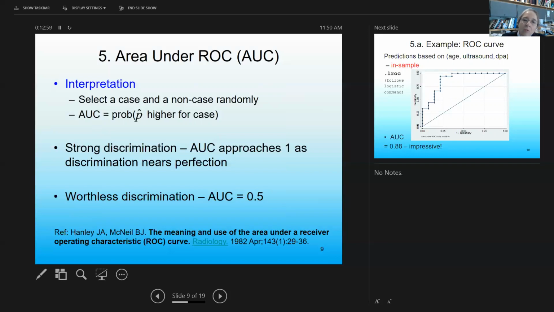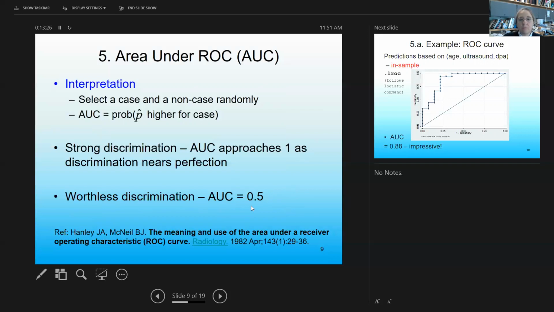So if you think about what we said on the previous slide about interpreting ROC curves, then strong discrimination corresponds to an area under the curve that approaches 1. That's for the square or rectangular looking curve. Worthless discrimination, where the curve just follows the diagonal, correspondingly has area under the curve of 0.5.